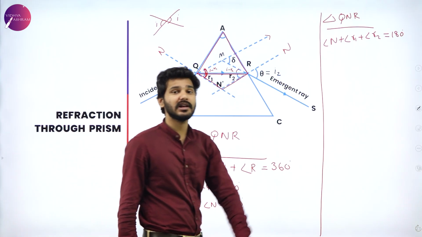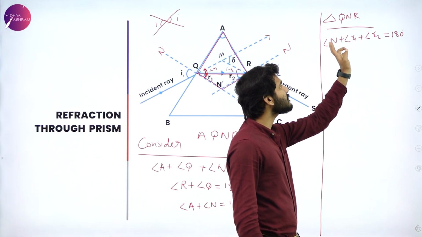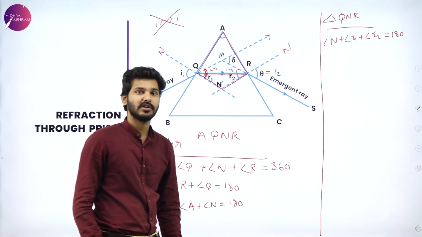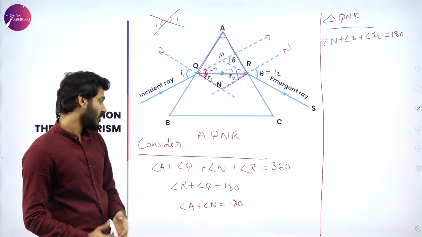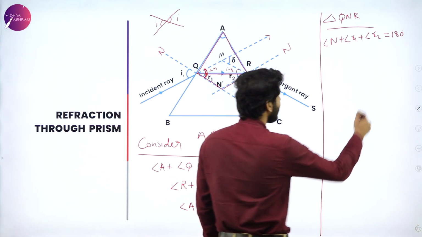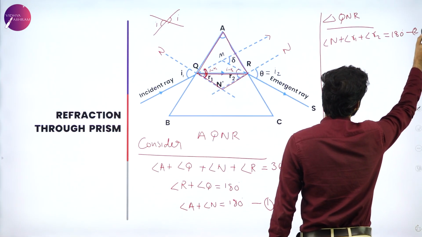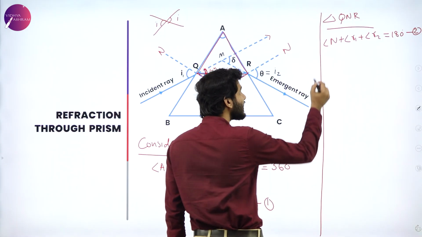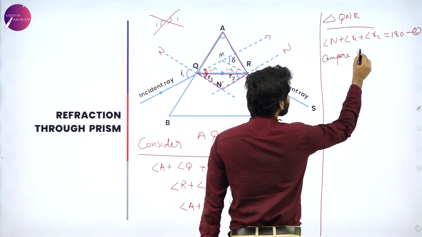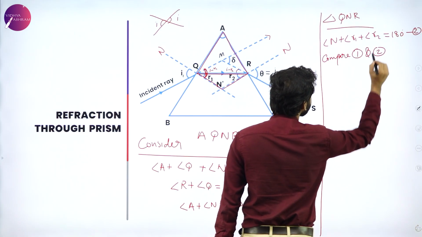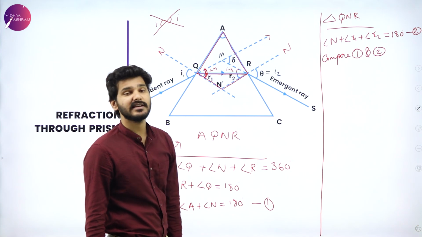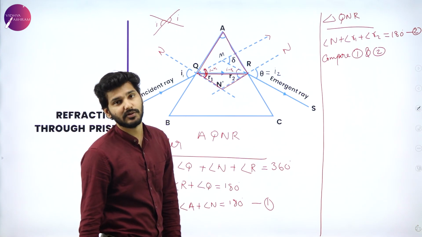So we have one more relation which states that N plus R1 plus R2 is equal to 180 degrees. Now, why is it of use? If I name this as equation number 1, and this as equation number 2, then I can compare equation 1 and equation 2 and simply say that the right hand sides are equal, which means I can equate these equations.